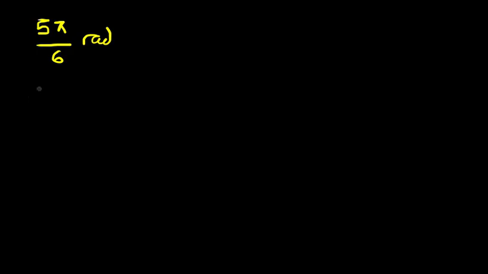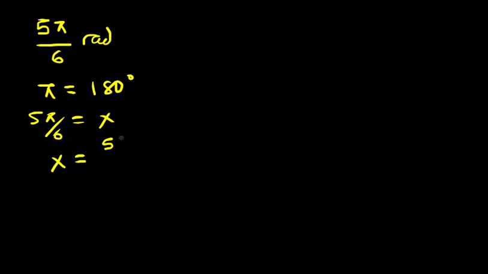So this will have pi equal to 180 degrees. And then we have 5 pi over 6 equal to x. So x is equal to 5 pi over 6 times 180 degrees. Then this will be over pi like that.